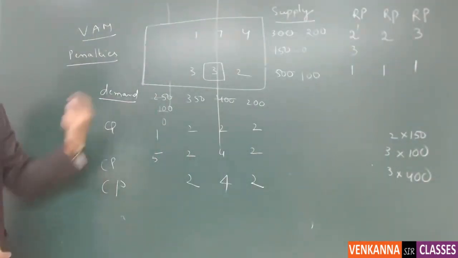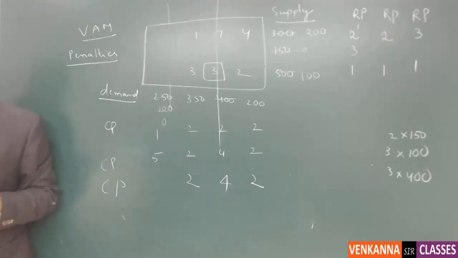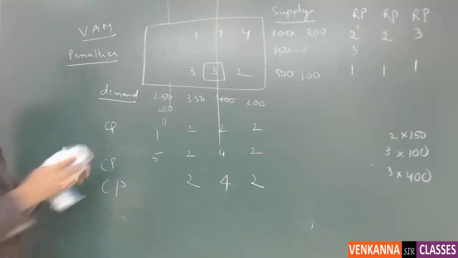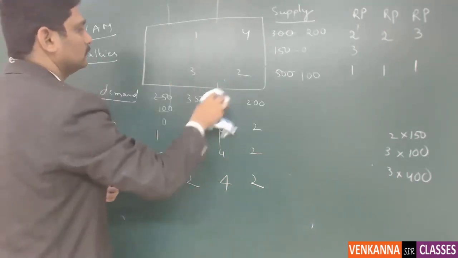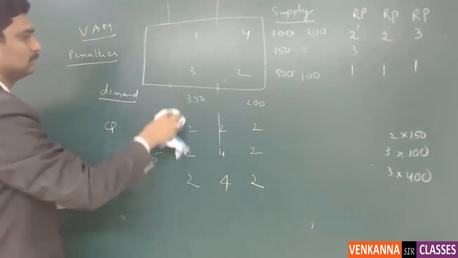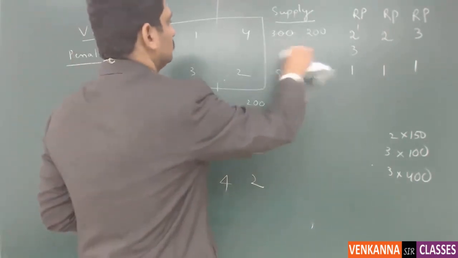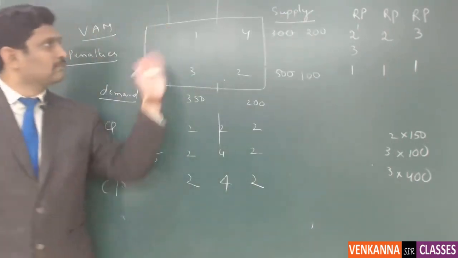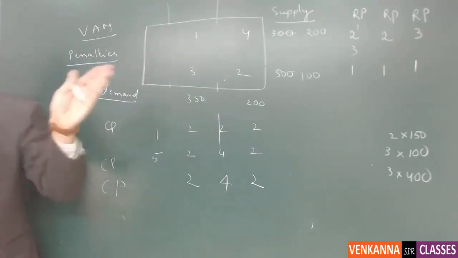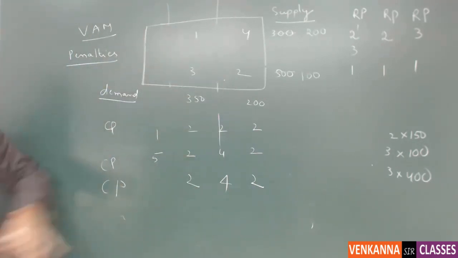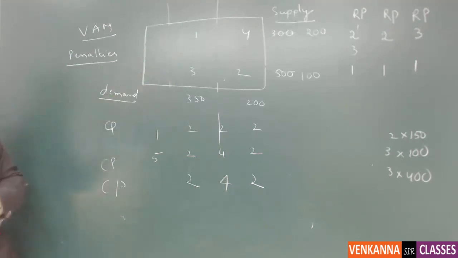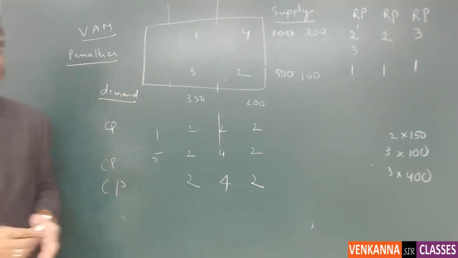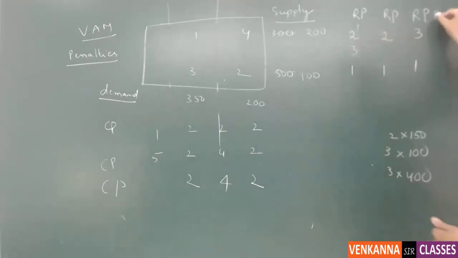Now you have the rest of the table. Now I am erasing this part. This is the remaining one. So again, we are calculating the row penalty as well as column penalty. The row penalty here is 3, here the penalty is 1.